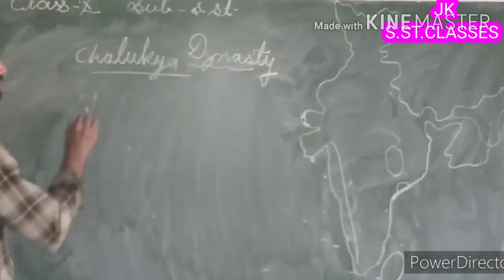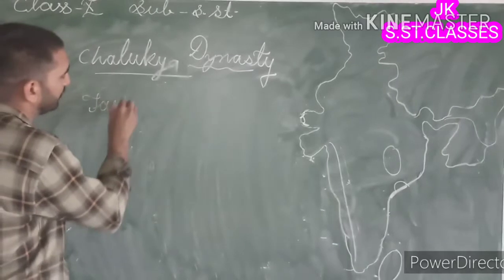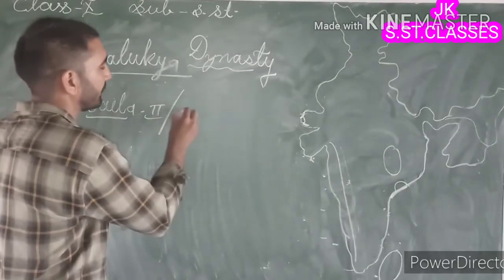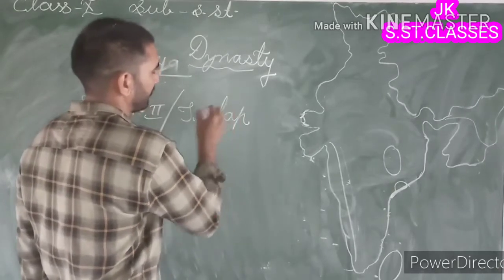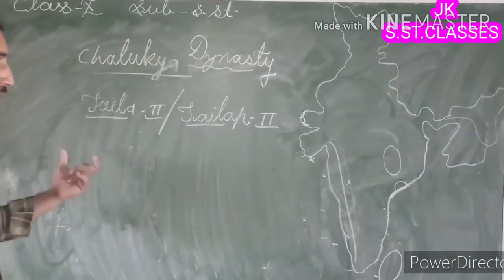According to different historical evidences, Taila II or Tailap II was the founder of this dynasty, Chalukyas of Kalyani.